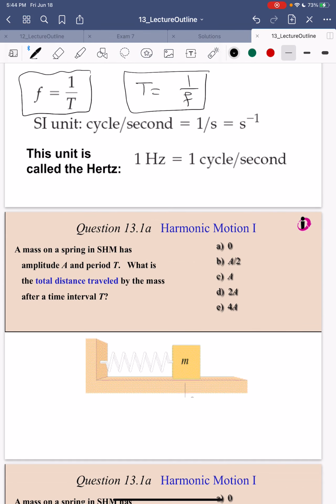A mass on a spring in simple harmonic motion has amplitude A and period T. What is the total distance traveled by the mass after a time interval T?